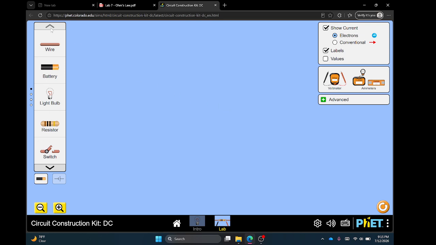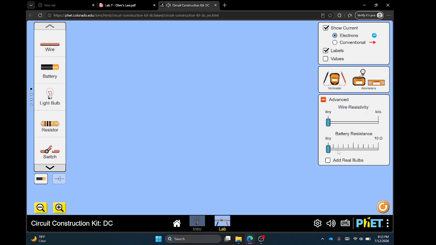On the left we can see wires, batteries, light bulbs, different components. And on the right we have different tools, ammeters, voltmeters. We use voltmeters to measure the voltage, and ammeters to measure the current.